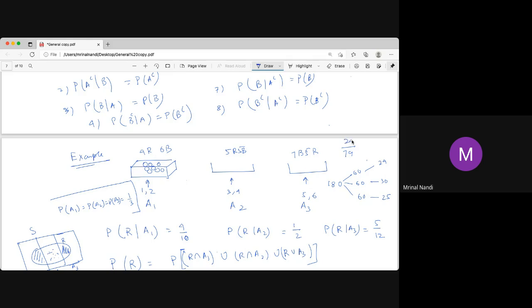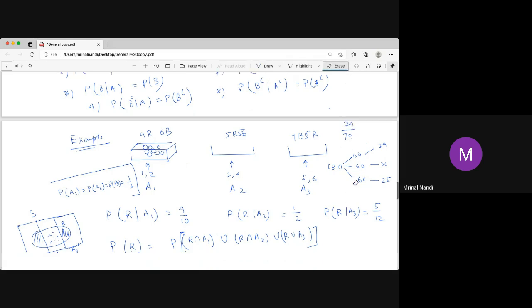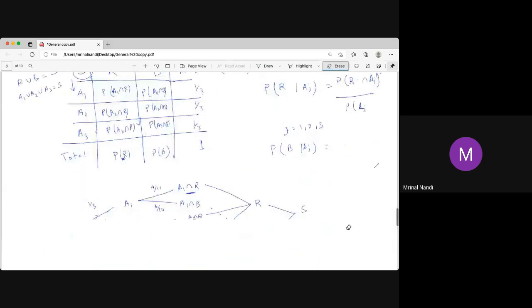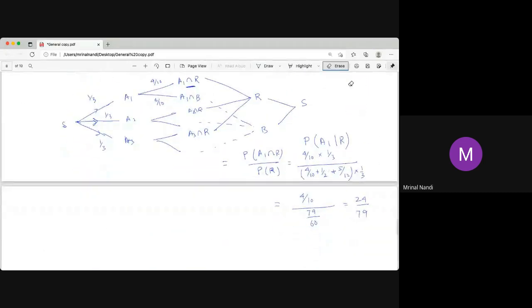Out of this 79, the first one coming from the first box is 20. So this is actually the same as this probability calculation, same thing. The only advantage is you are working with integers because you multiplied by the LCM. No need of this type of fraction thing. Actually, it is the same if we just multiply both numerator and denominator by 180.